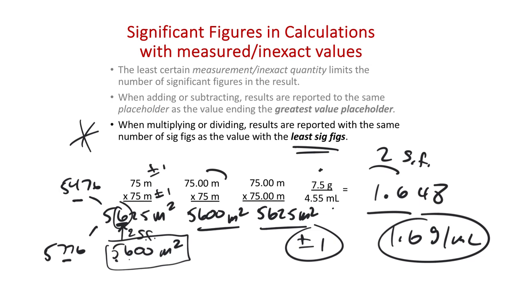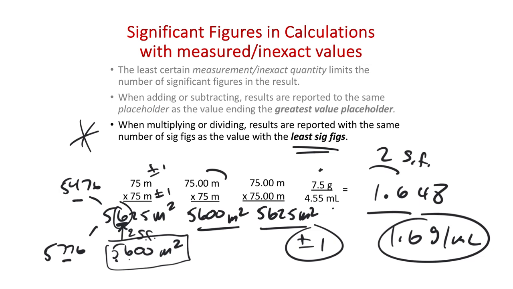Again, multiplication and division are pretty easy because I'm just counting sig figs. 2 times 4 sig figs goes to 2, 2 sig figs divided by 3 sig figs goes to 2 as well. So the counting of the sig figs is pretty straightforward for multiplying and dividing.